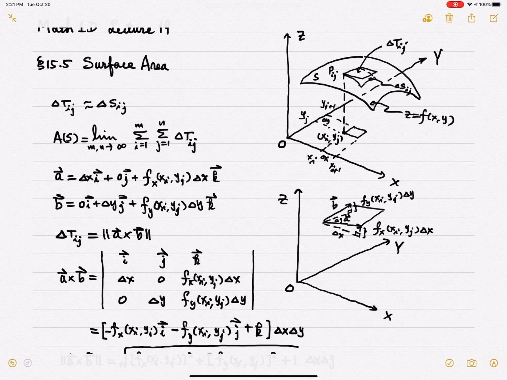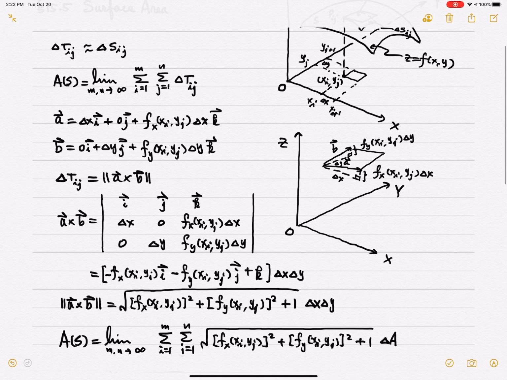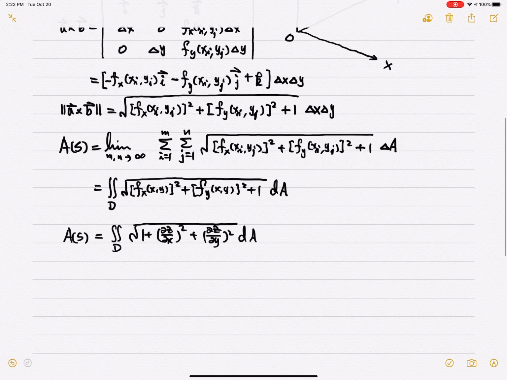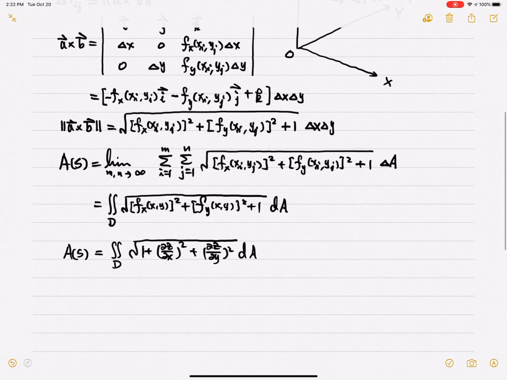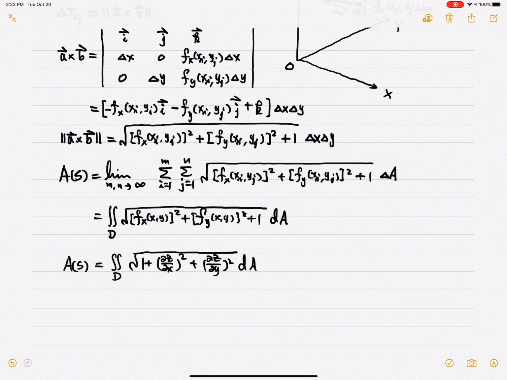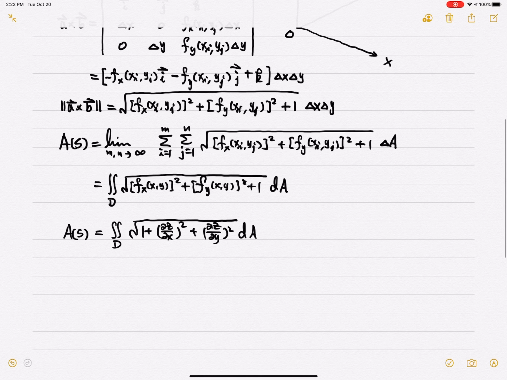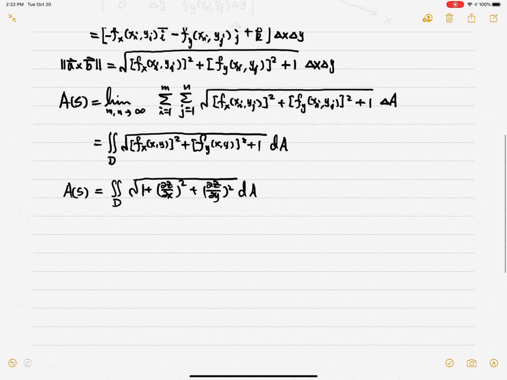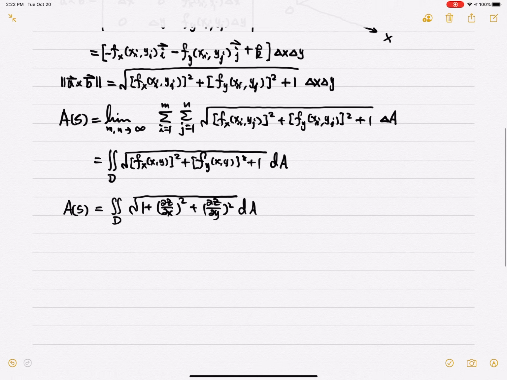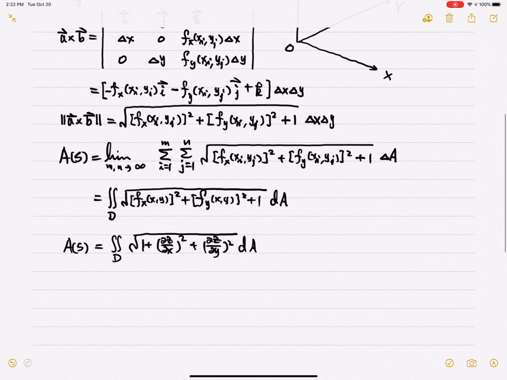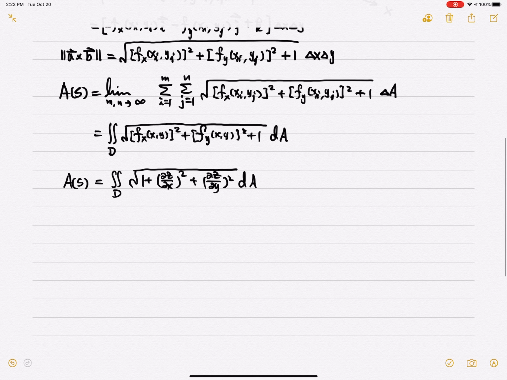We assume the partial derivatives exist and are continuous, so we say smooth, which means when we take a limit, the approximation gets better and better. Once you understand the derivation, it's not hard to memorize the formula. Now let's look at one example.